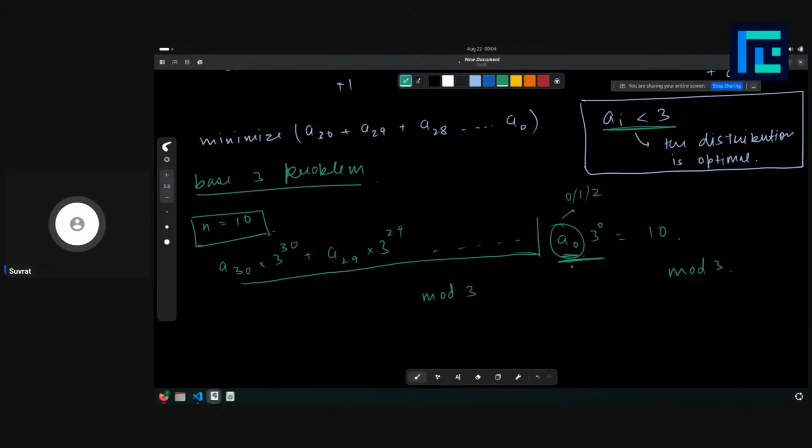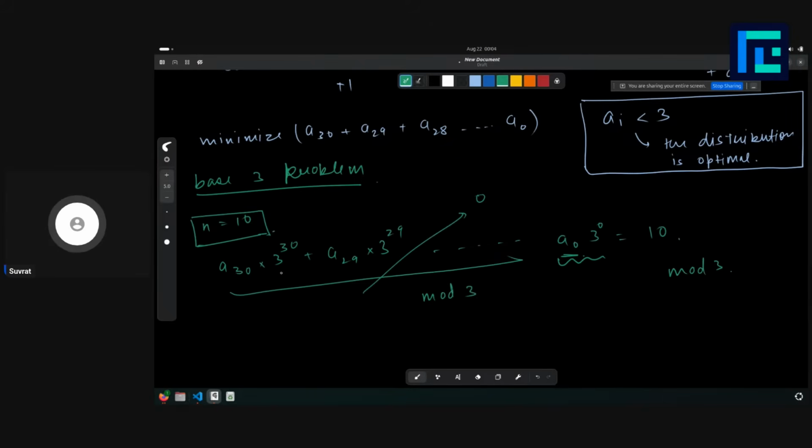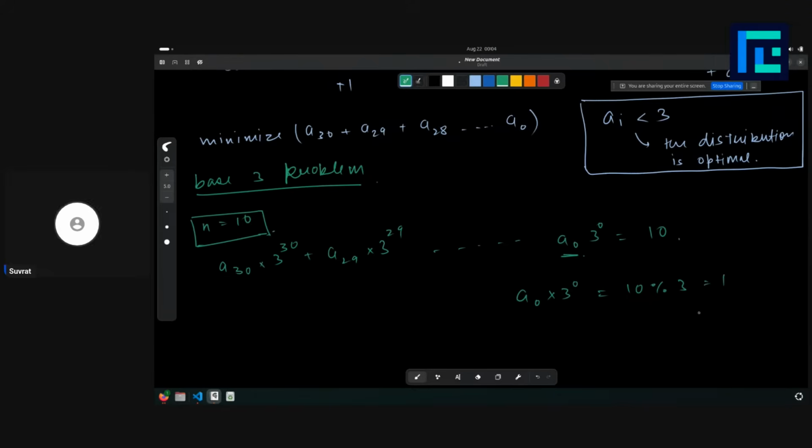So when we take modulo 3, this part would remain as a remainder, and all of this would go to 0, since all of them have a factor of 3. So basically, when I take mod 3, I get a0 into 3 to the power 0 equal to 10 mod 3, which is 1. So a0 is equal to 1.